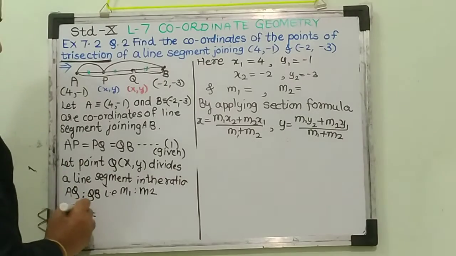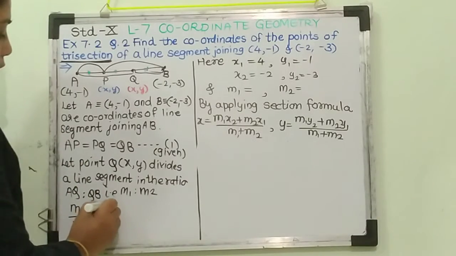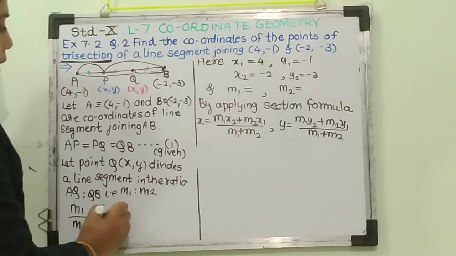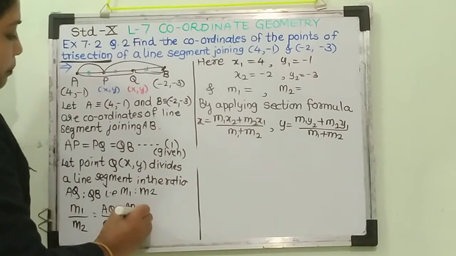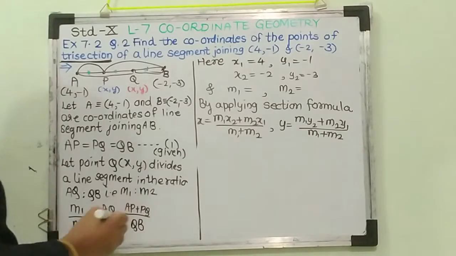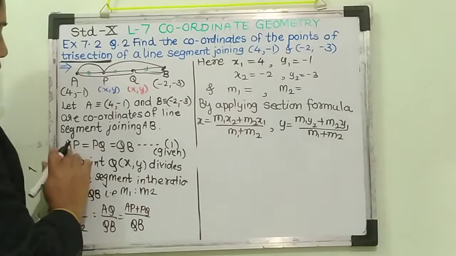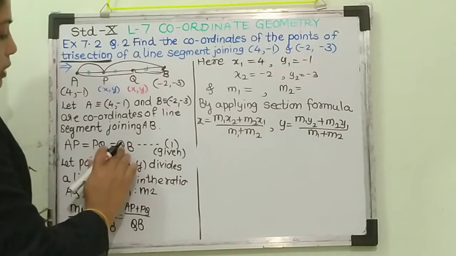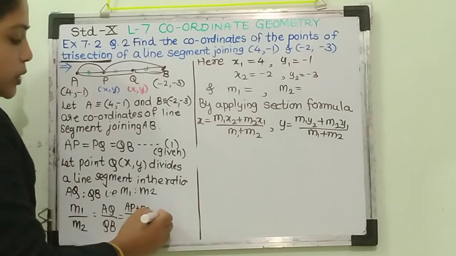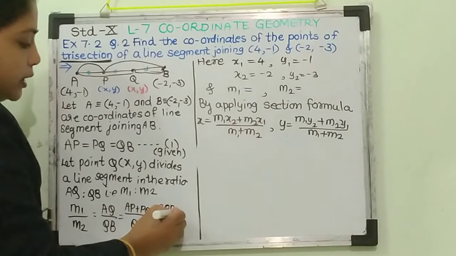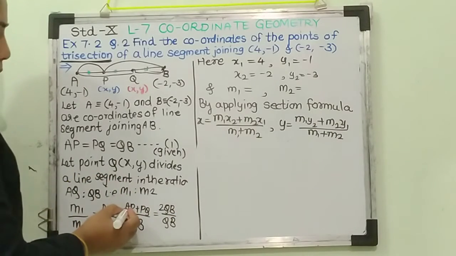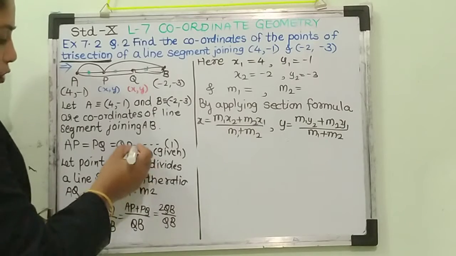So here M1 upon M2 equals to AQ upon QB. AQ is AP plus PQ upon QB. But here from the first we get AP equals to PQ equals to QB. So both the terms are same as QB. So I can write twice QB upon QB. Correct? AP I replace as QB from first.